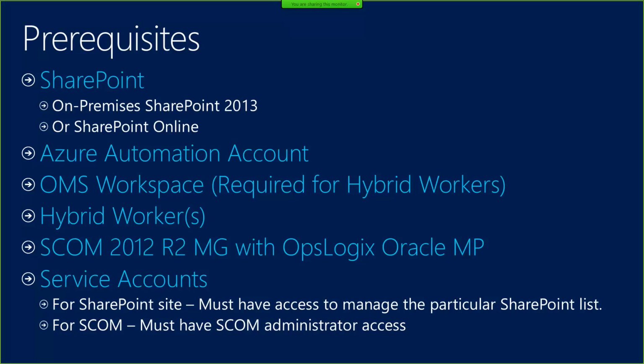We need the OpsLogix Oracle Management Pack loaded, and we also need two service accounts that are going to be used when setting up connections in Azure Automation. We need one that must have access to manage the particular SharePoint list, and we also have a service account in SCOM that must have SCOM admin rights.